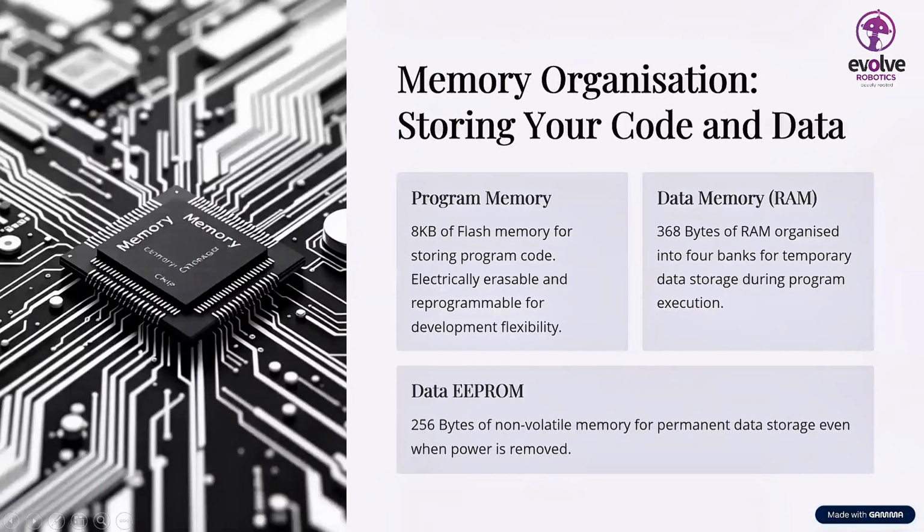It is organized into 4 banks for storing the data temporarily during program execution. It also uses EEPROM to store the data permanently even when the power is not there. The size of EEPROM is 256 bytes.